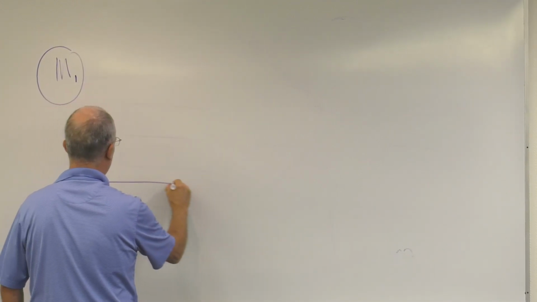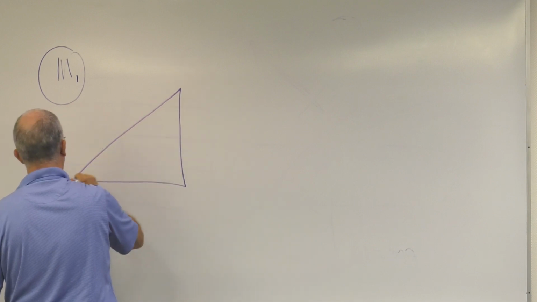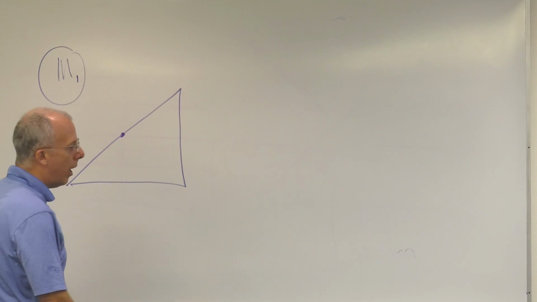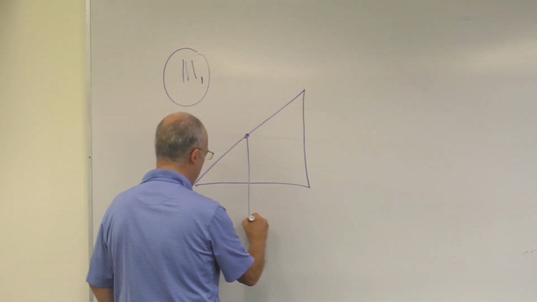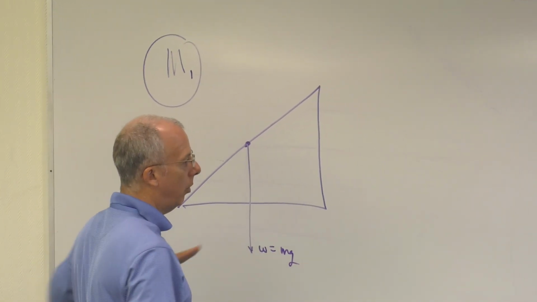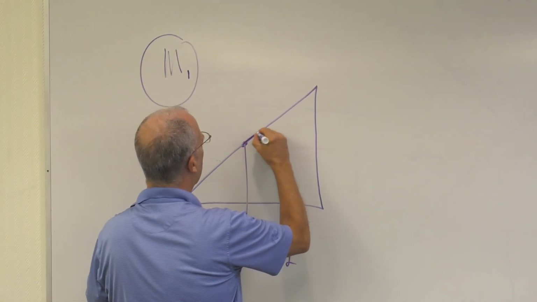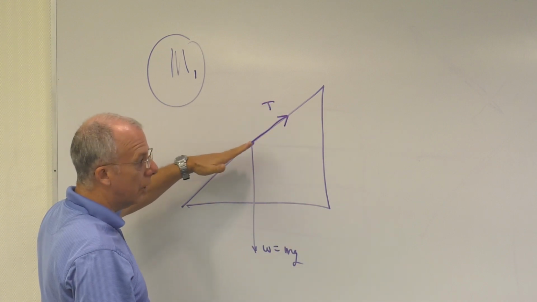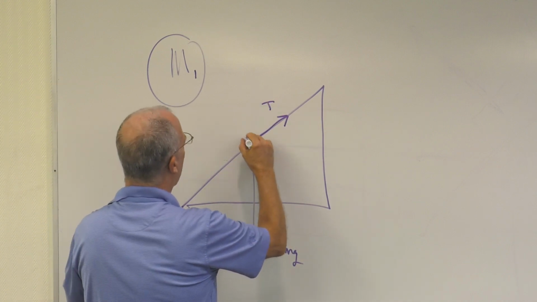So there's M1. Okay, what are the forces acting on M1? Well, there's always weight. Now here you have a rope pulling it up, so there's tension. Now it's going up an incline, so there's a surface, so there has to be a normal force.